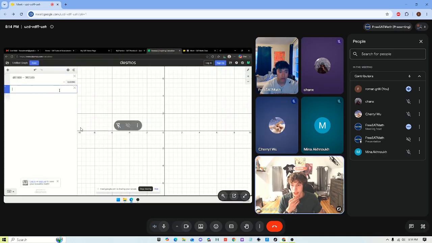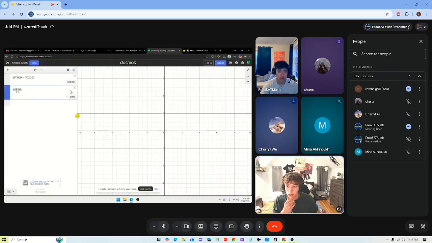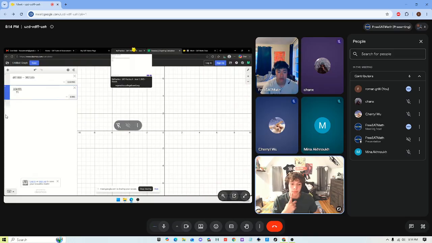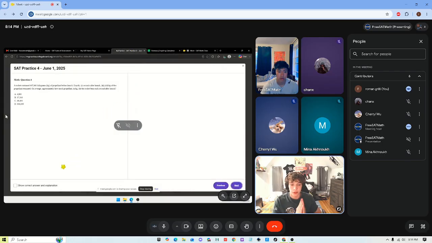And then using that, we can put that number over however many seconds it took to burn all that fuel. So it's a problem of what happened over how many seconds.